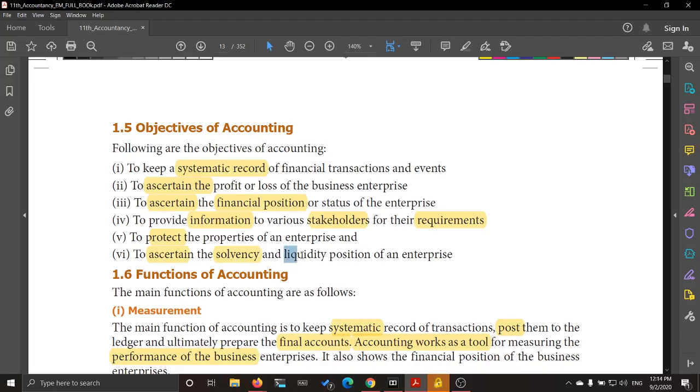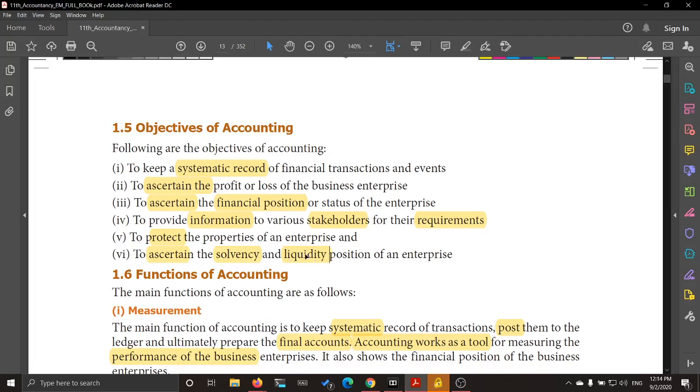Next, liquidity. Liquidity refers to conversion to cash. If we have some asset, we should be able to quickly convert it into cash. So that is called liquidity. The quickness with which you can convert an asset into cash is called liquidity. Right now I have a lot of assets but I need cash now. So which one can we sell to quickly get cash in hand, that is the concept.